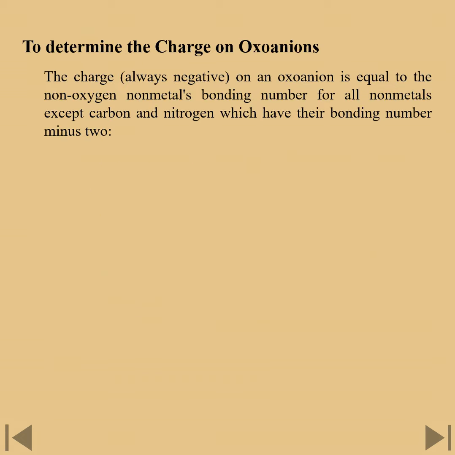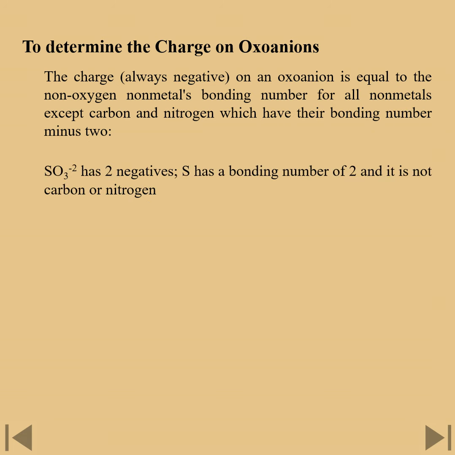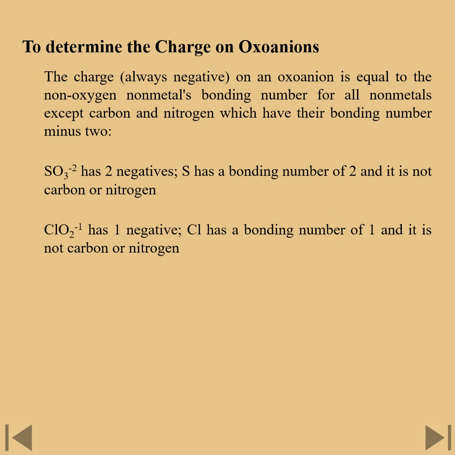Okay, we have one more thing to determine, and that is the charge on the oxoanion. Unfortunately, it's always negative, and it's related to the bonding number of the non-oxygen. Essentially, it's the bonding number for everybody but carbon and nitrogen, where we would reduce that by 2. Here we see sulfite, and sulfur has a bonding number of 2, so sulfite is -2.